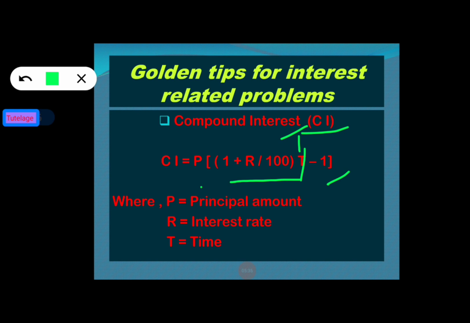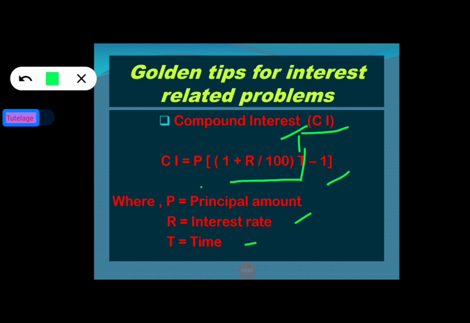And here P is also the principal amount, R is the interest rate, and T is time. So we have already told the basic formulas of simple interest and compound interest. In my next session, we will discuss some problems using these formulas.